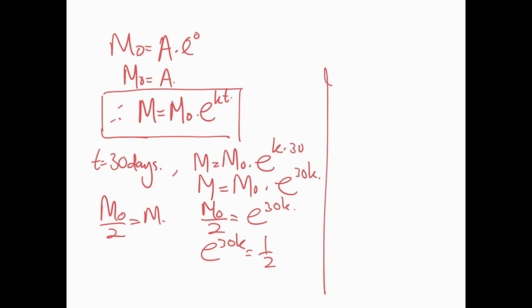So using ln, ln 0.5 equals 30k. So k equals negative 0.023105.